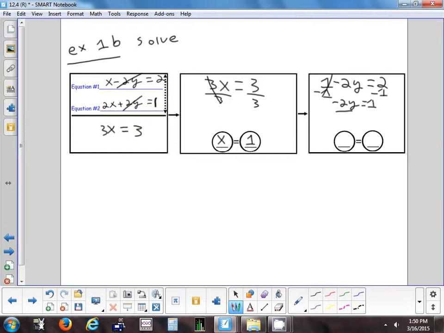Yeah, by what? Perfect. Divide by negative 2. And what does that give me, Savon, for y? Y equals negative 1/2. Yeah, perfect. Negative a half.